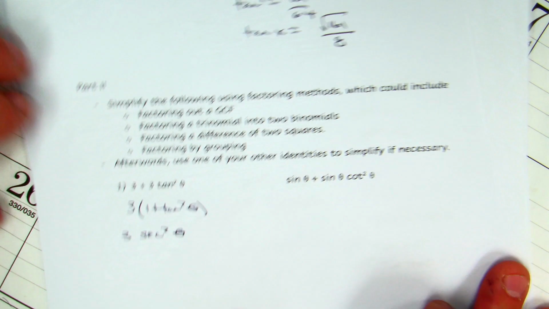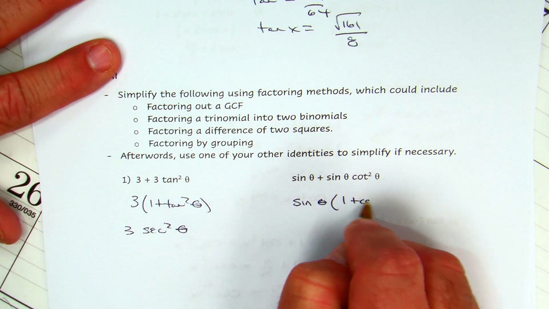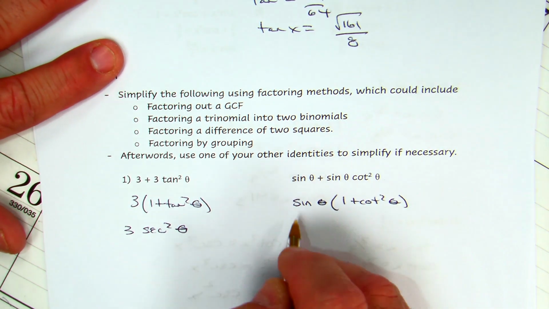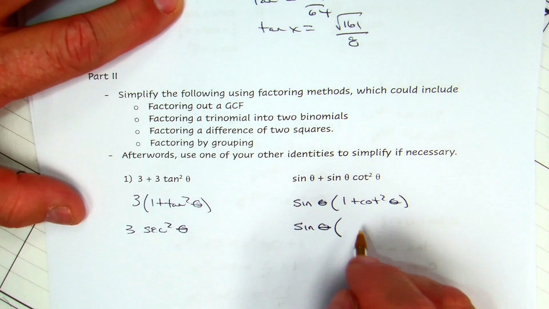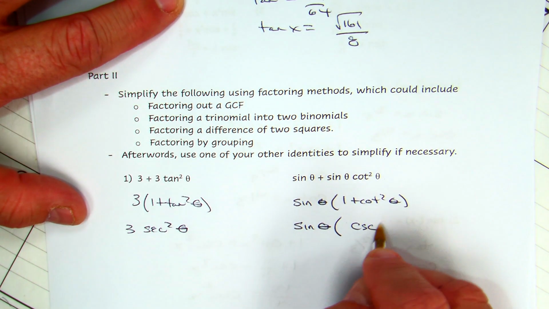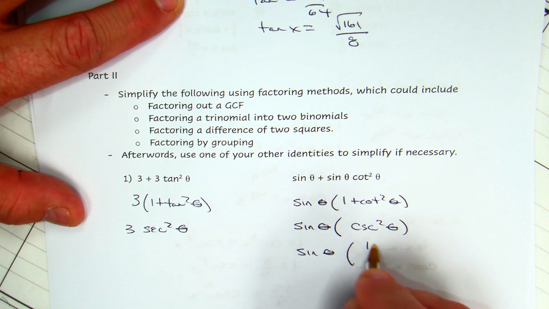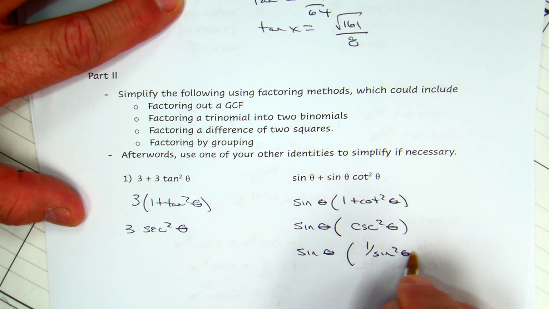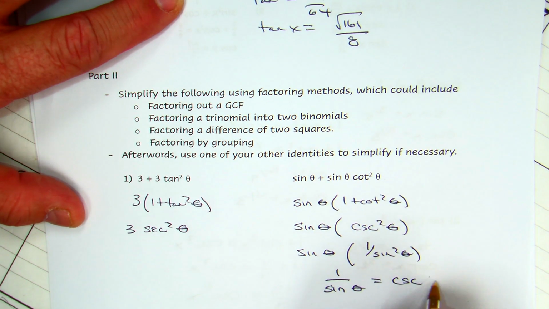The one underneath, pulling out a GCF once again: sine theta, 1 plus cotangent squared theta. Sine theta, cosecant squared theta. Sine theta, 1 over sine squared theta. End up with 1 over sine theta, which is cosecant theta.